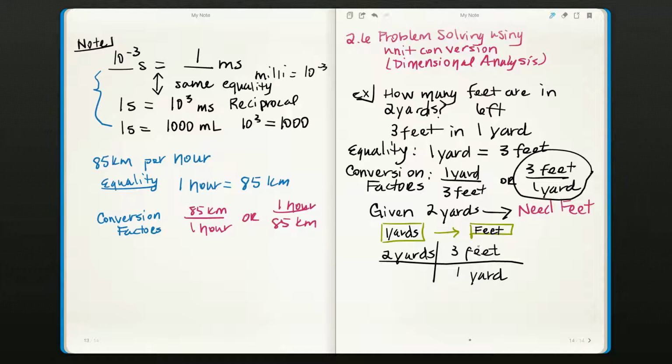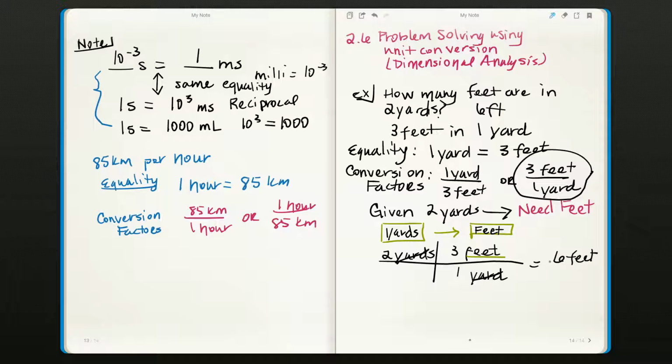Okay, so now we have yards in the numerator and yards in the denominator, so they cancel. And that leaves us with the unit that we need, which is feet. So let me just underline that. Okay, so now the simple math, you've already done it in your head. You get 6 feet.